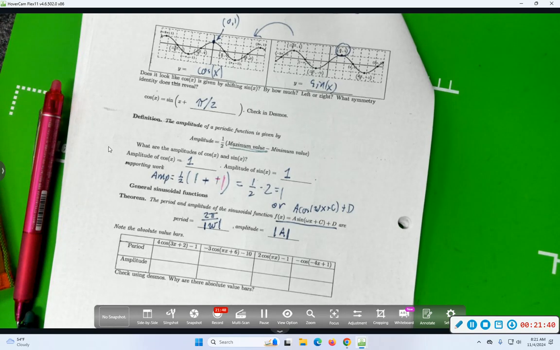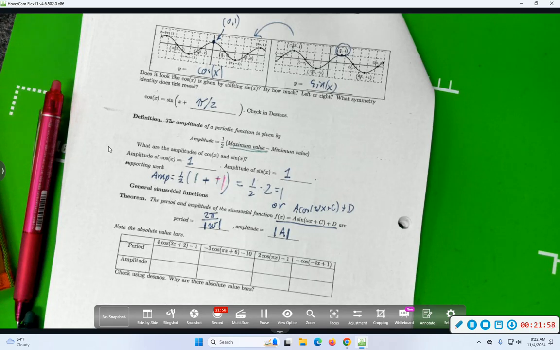Notice those absolute value bars. We'll figure out why those should happen on the next page. But in the meantime, let's use these formulas, compute the period and amplitude of some functions, then we'll look at graphs and see if these things seem to agree.